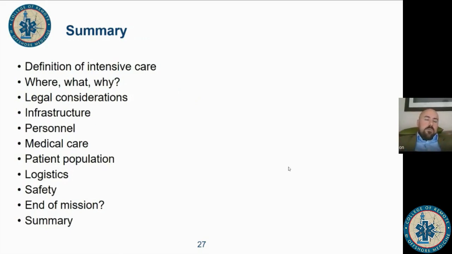We've spoken about what legal things you might have to think about. We've spoken about the types of infrastructure you might want to provide. We've spoken about who you're going to send. We've spoken about the care you're going to deliver, the patients you're going to treat, how you're going to support all of that, how you're going to keep yourselves and your patients safe, and then how you're going to come to a close on that.